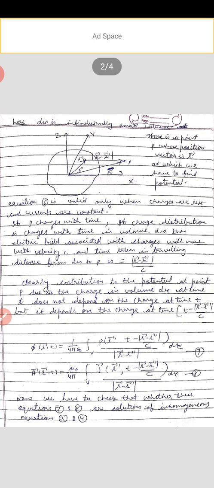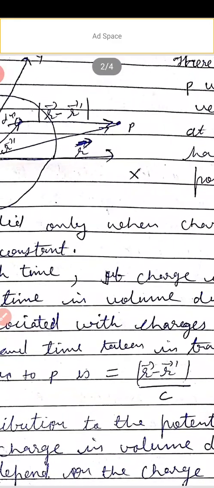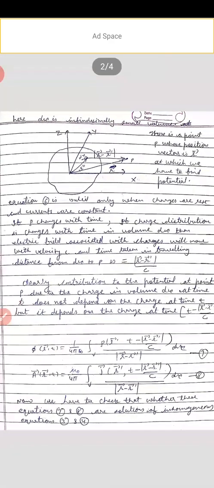If rho changes with time, that is, if the charge distribution changes with time in volume d tau, then the electric field associated with the charges will move with velocity c, and the time taken in traveling the distance from d tau to P is given by modulus of r minus r dash divided by c.